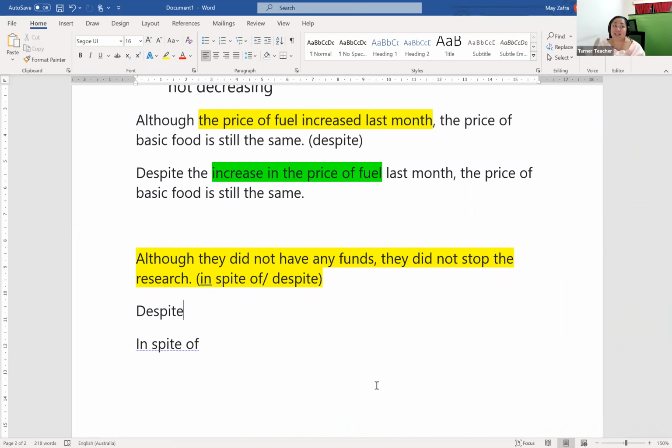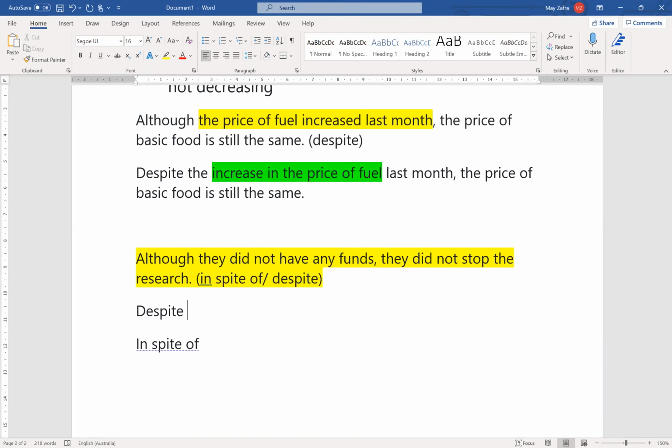so it has to be in spite. And we don't say short funds. We say lack of funds, insufficient funds. But it has to be followed by a noun, right?